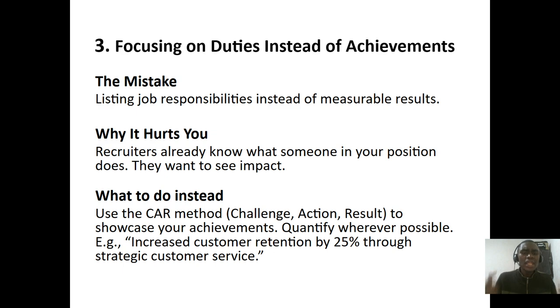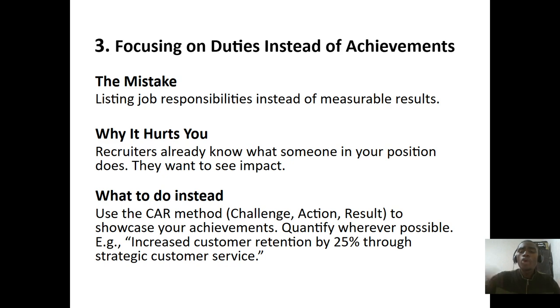So they list job responsibilities instead of measurable results. They write, when I was working as a DevOps engineer, I was containerizing applications, I was using Kubernetes to orchestrate those applications, but they do not provide the measurable results that came from the actions that you took, right? Recruiters care about results, they don't care about responsibilities.